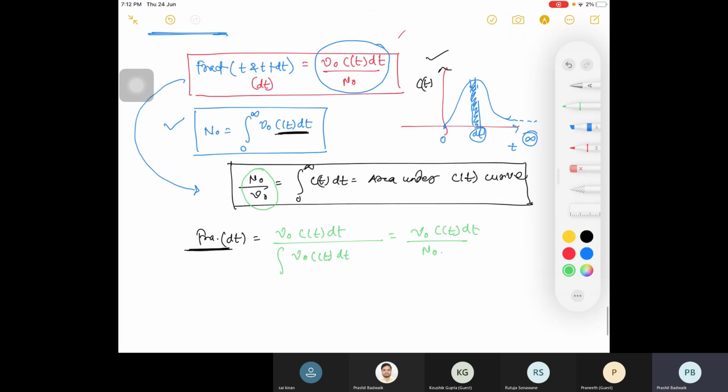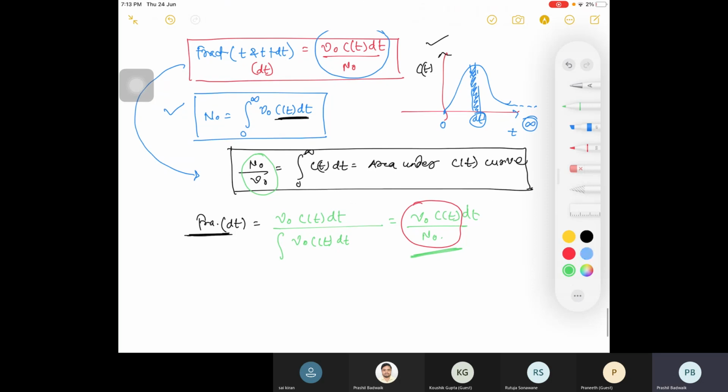Now, this fraction, how can I break it into two parts? I know what my interval dt is, in which I need to find out the concentration, and this is your separate portion. I am just replacing this with a new term, and that is Et dt.